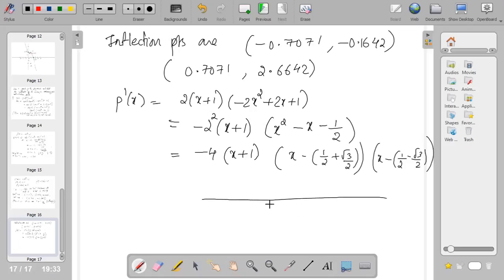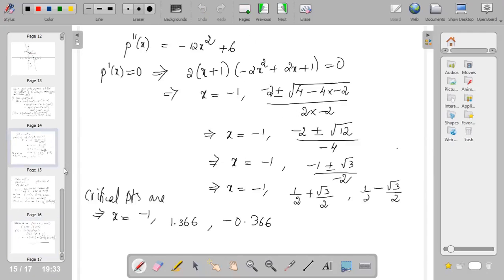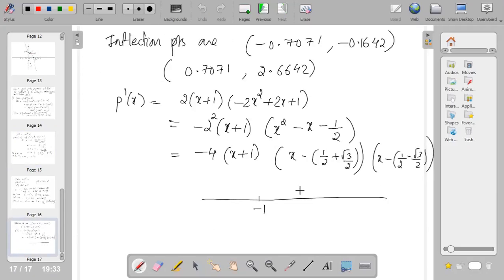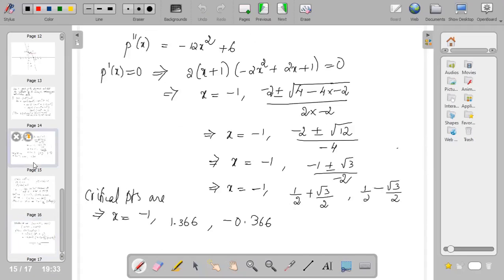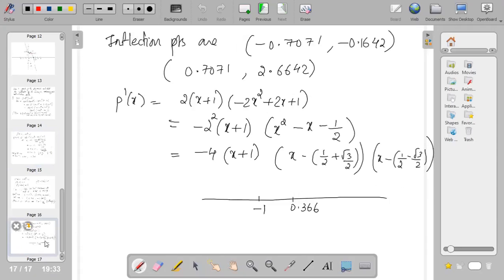If you take it on the real line, our roots are minus 1, minus 0.366 and 1.366. For x less than minus 1, let us look at the sign.